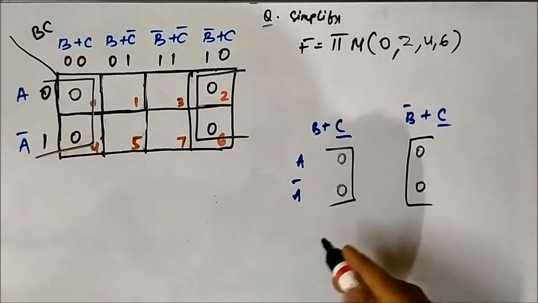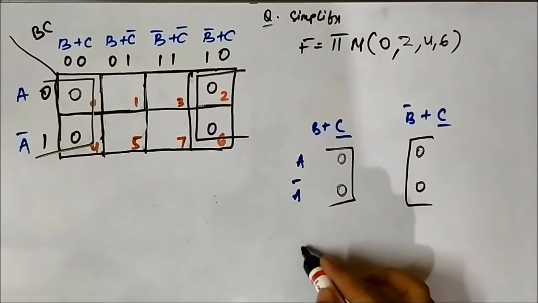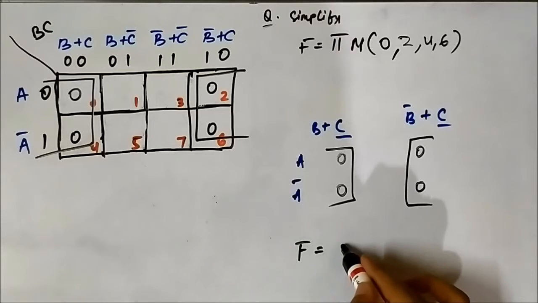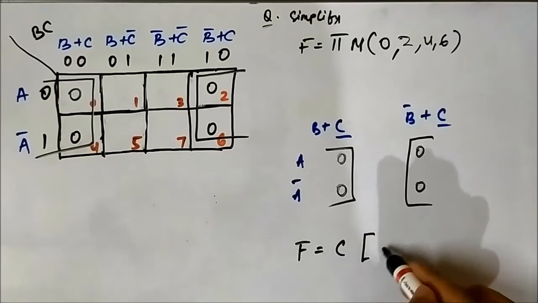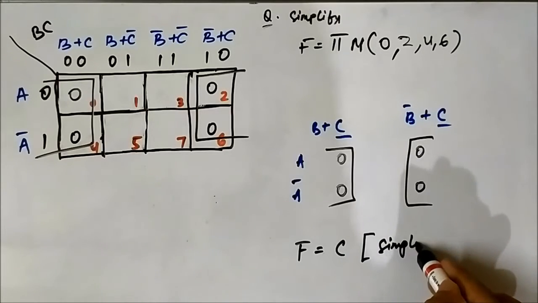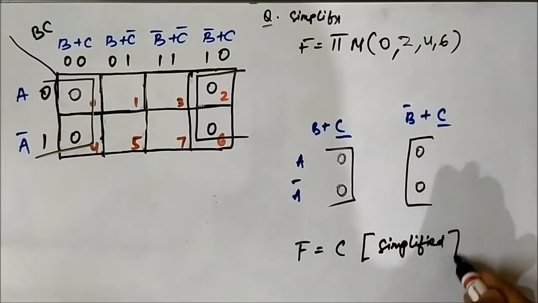So the simplified Boolean expression will be F is equal to C. This is the simplified Boolean expression.